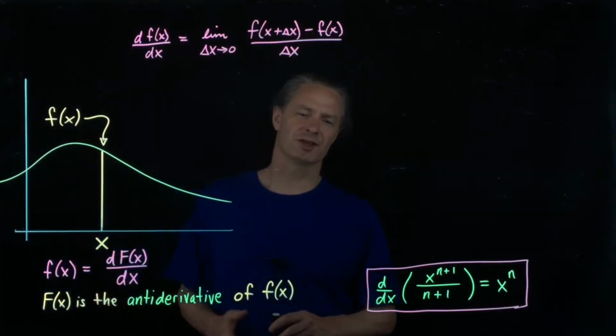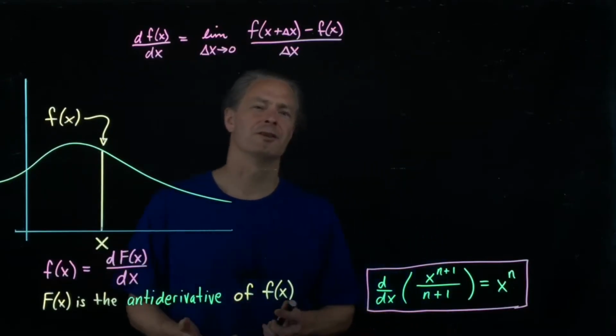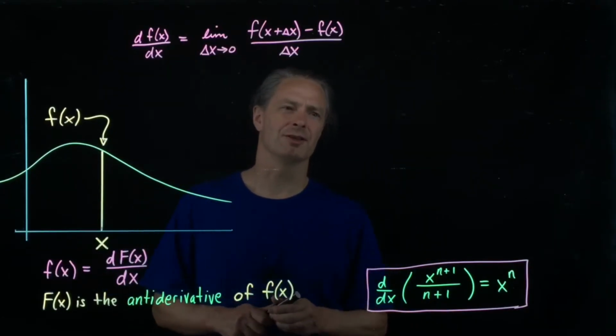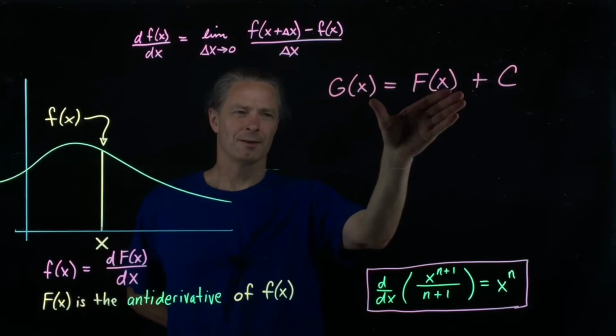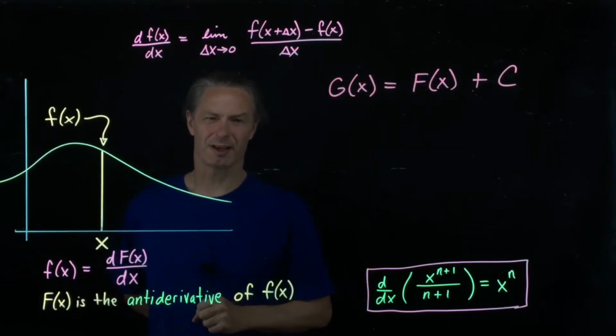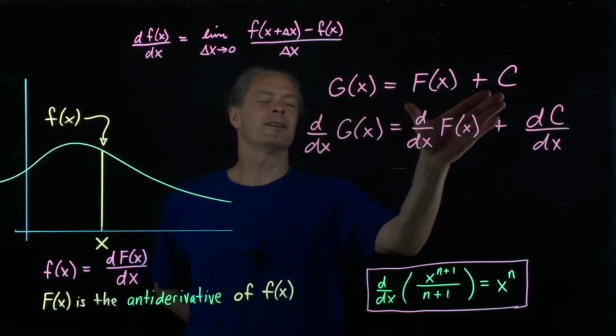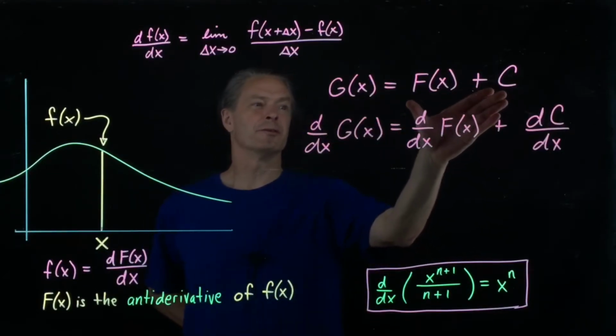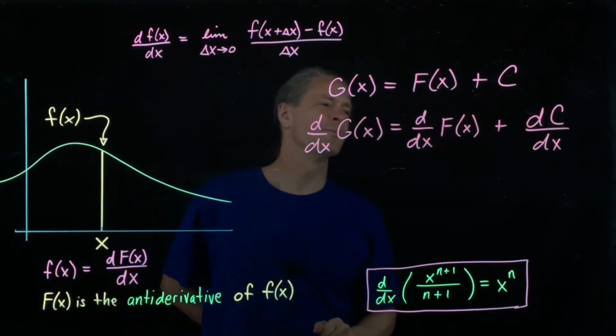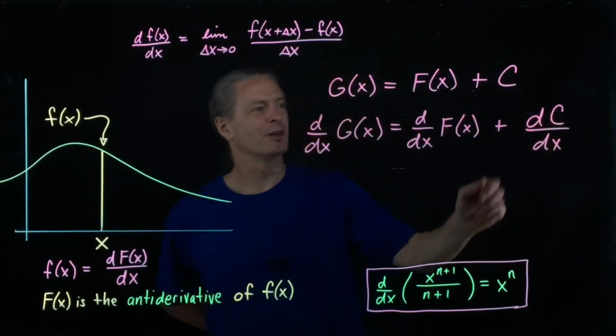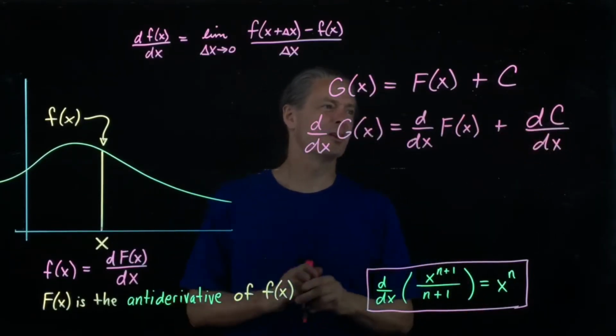Just to make this explicit, let's let capital G of x equal capital F of x plus a constant. Now let's take the derivative with respect to x of both sides. On the right-hand side, I've used the rule that the derivative of a sum is the sum of the derivatives. And then right here, we have a constant. The derivative of the constant is 0.